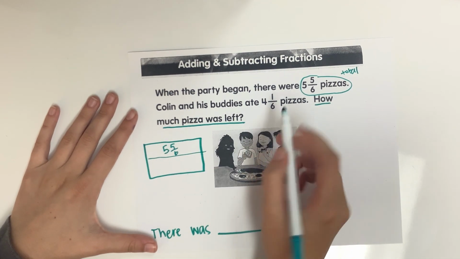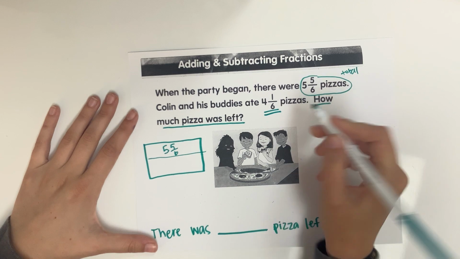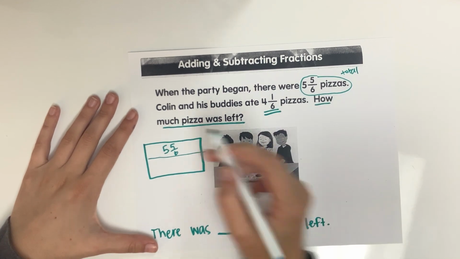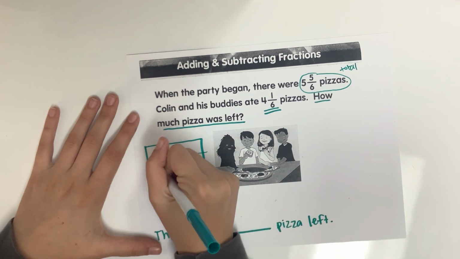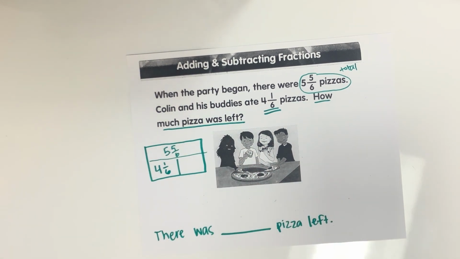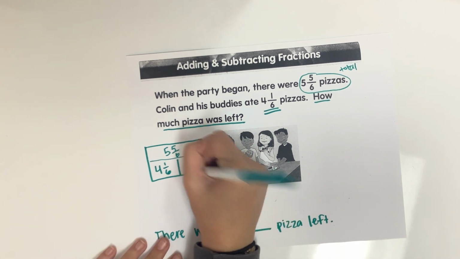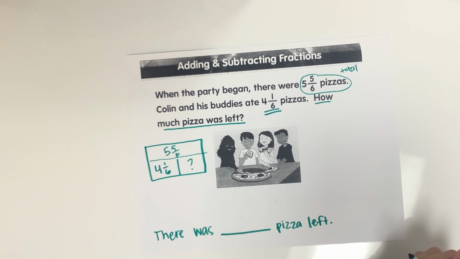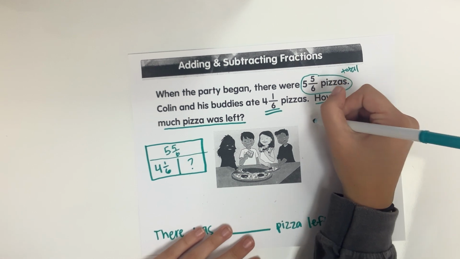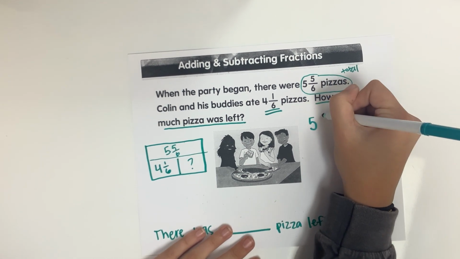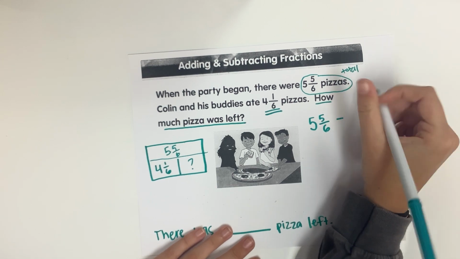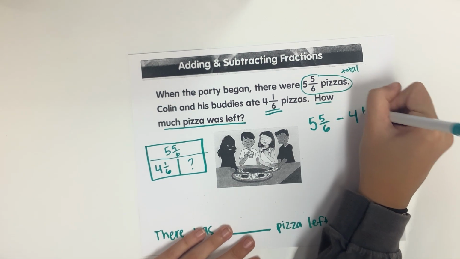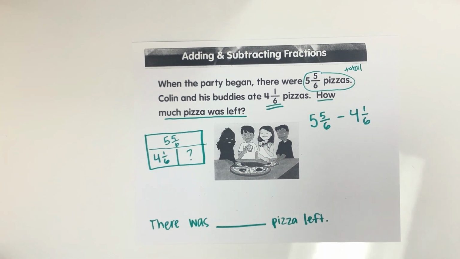Colin and his buddies, they ate this, so we're taking what they ate out of that total. 4 1/6. How much pizza was left? Okay, so it looks like I need to subtract to solve this problem. So I need to do 5 and 5/6 minus 4 and 1/6.